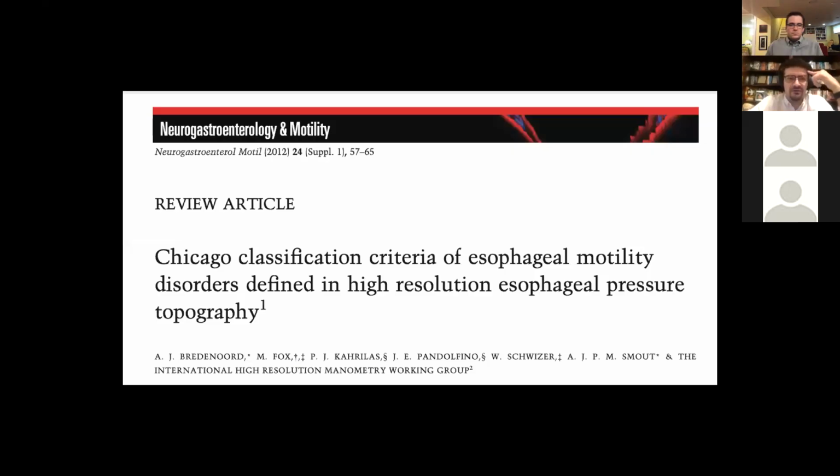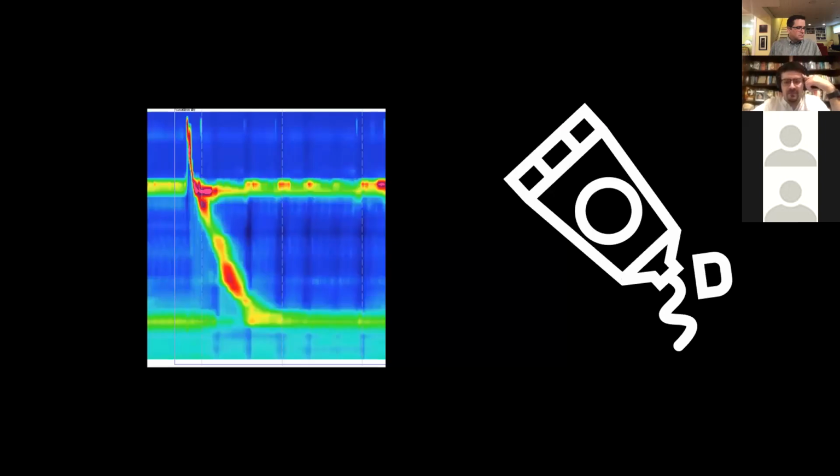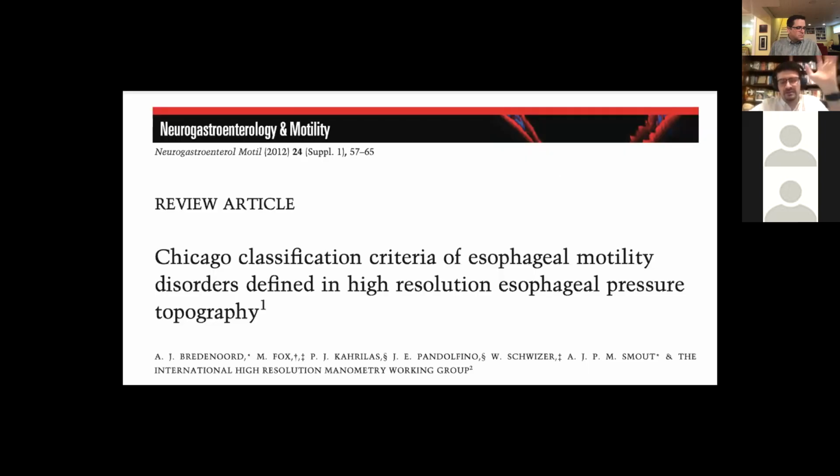I think this is the first description of the types of achalasia, not too long ago, 2012, but it really took off, and it has guided how we counsel patients and how we treat them as of today. This 2012 publication is actually the second version of the Chicago classification, and it classified achalasia into these three types.